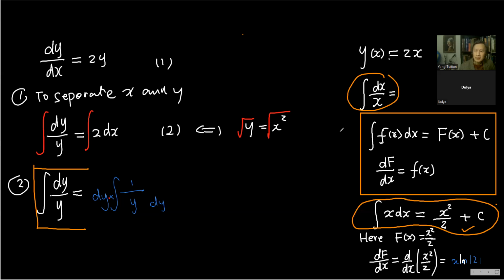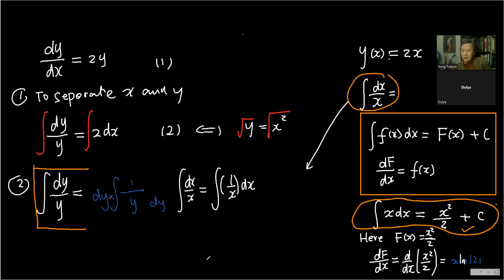By the way, can we just discuss this issue? Have you seen this integration when f(x) is 1 over x, dx? This is the same, can you see? So I just rewrite this integration. I just make sure these are small f(x). So in this case, f(x) is equal to 1 over x.